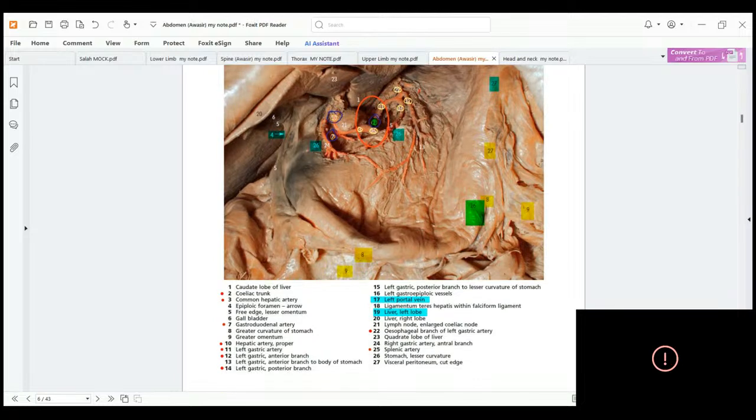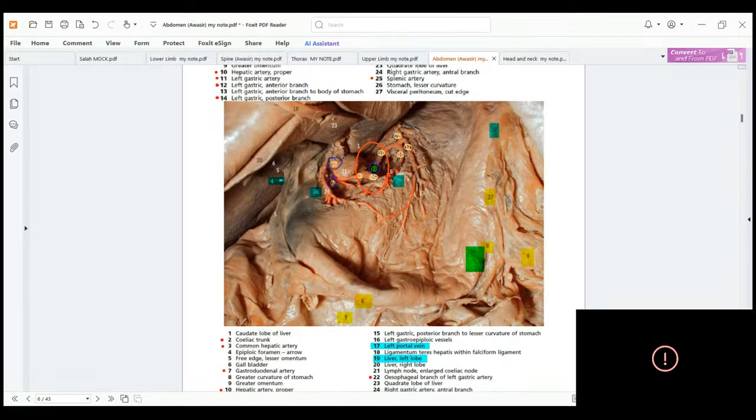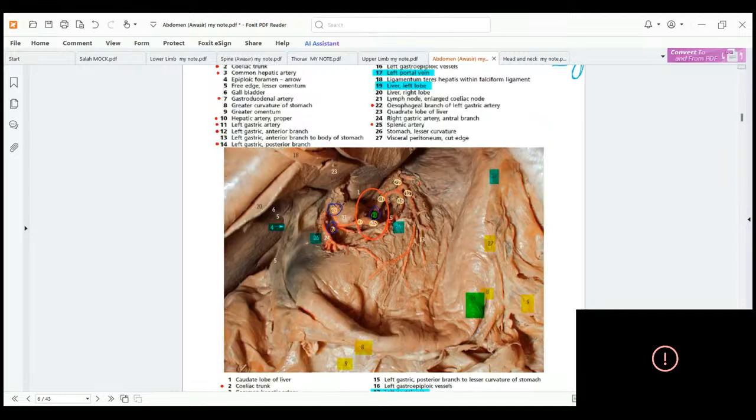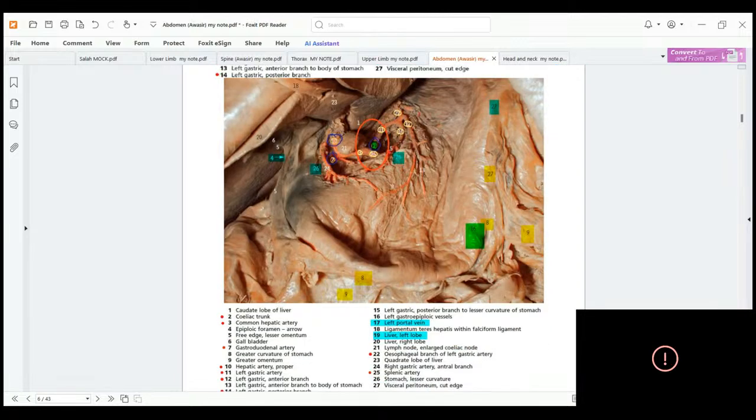17. Where is 17? That is above the liver. 17 is not in the picture. 17 left portal vein.